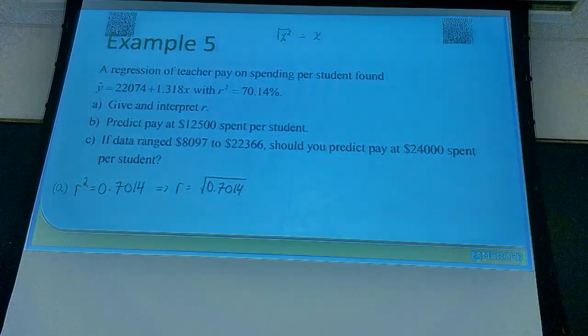No, negative 2 squared, not the square root of negative 2. Negative 2 squared. Four, right? What's the square root of 4? Not 4 squared, the square root of 4.